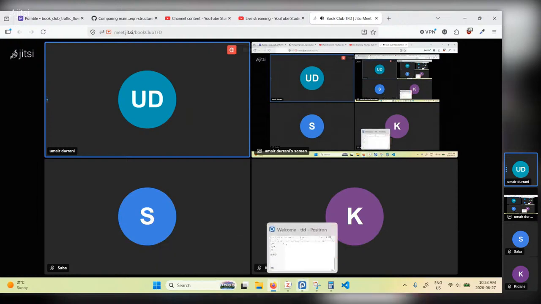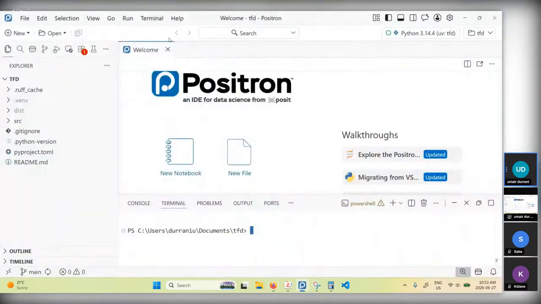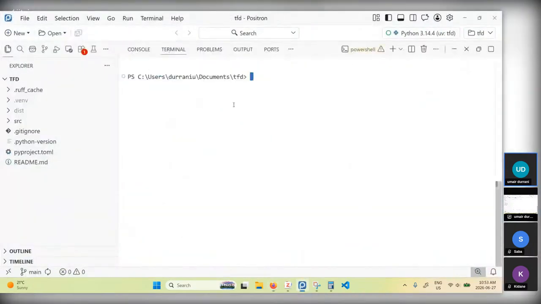Okay, so we are done with our discussion of the book chapter. We are now going to add equations to our Python package. So I'm going to switch to Positron. I'm using the Positron IDE for developing the package.